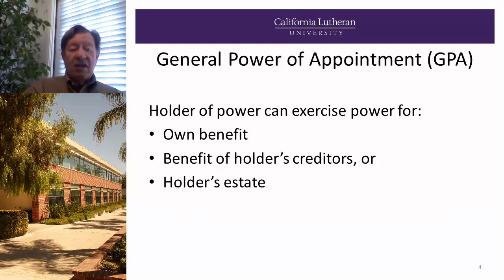General power of appointment is the one that's probably most known and heard. It's the power to exercise power for your own benefit, for the benefit of your creditors or holder's estate. Now again, the will might say, or the trust, that John, being my oldest child, is responsible for determining who in the family is to get the income this year and in subsequent years.